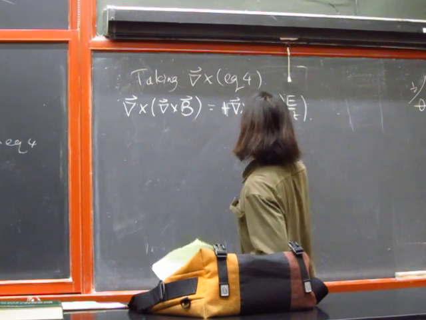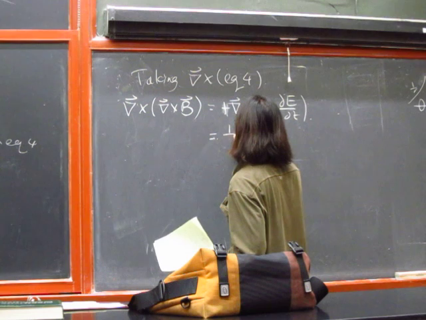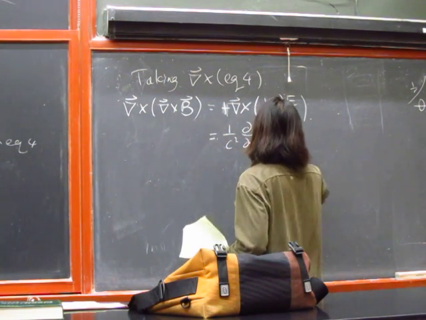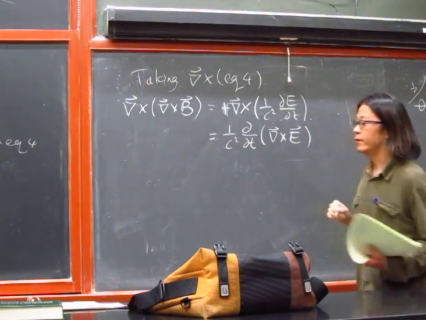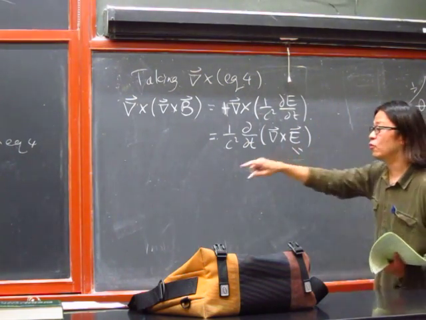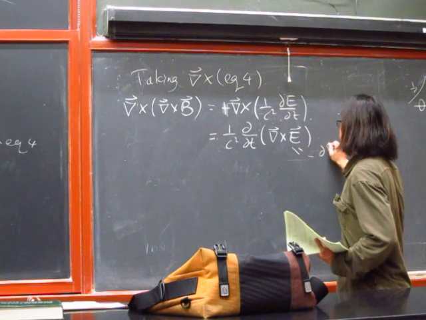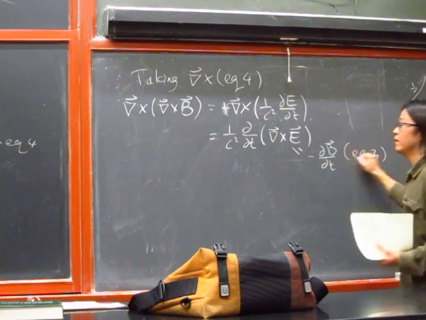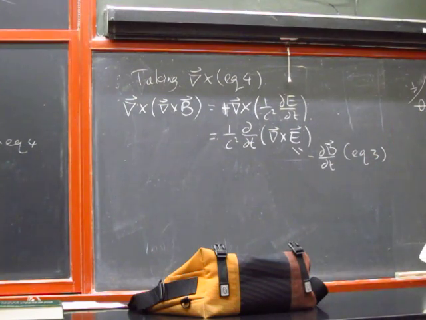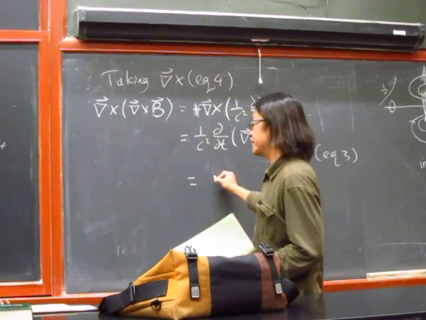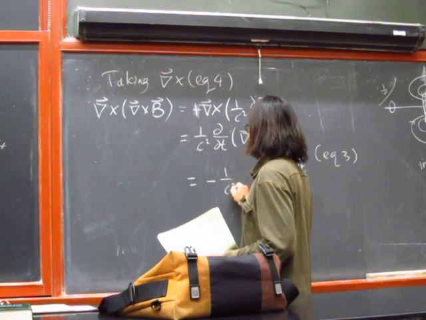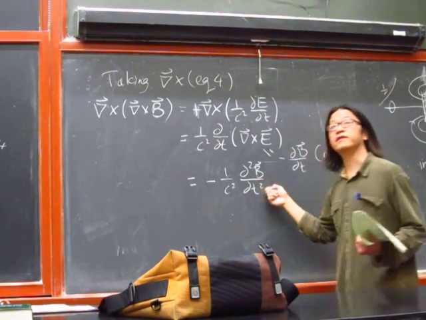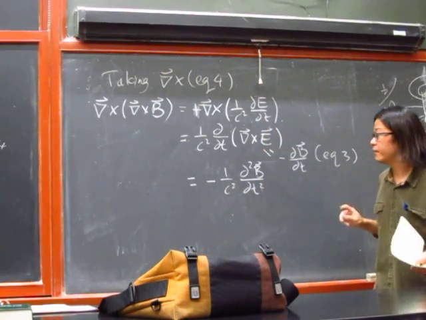Change the order of the differentiation. Get 1 over c squared d/dt curl of E. But the curl of E is no more than just minus dB/dt from equation 3. So this becomes minus 1 over c squared d squared B, second derivative of B with respect to time.